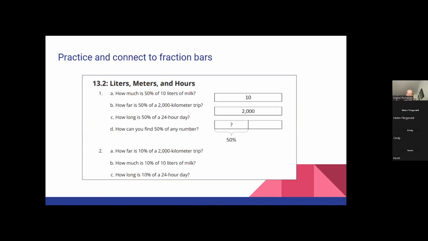Take a look at this activity. This kind of starts to bring everything together. Again, we talked about those fraction bars, right? This is liters, meters, and hours. Number 1 says, how much is 50% of 10 liters of milk?